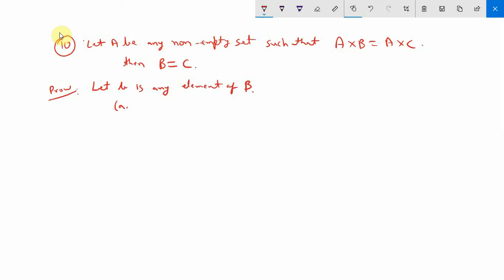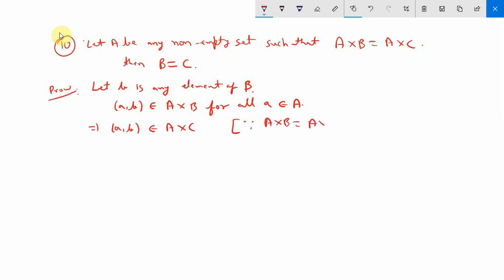So we can write ordered pair (a, b) is an element of A × B, for all a an element of A. So from this we can write (a, b) is an element of A × C, since it is given A × B equal to A × C. Okay.